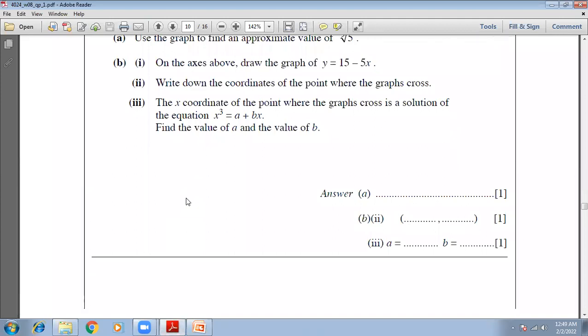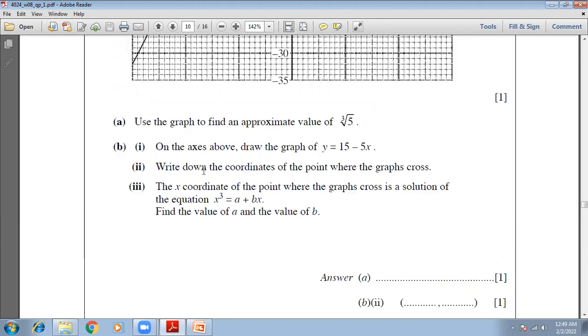So write down the coordinates of the point where the graph crosses. We are done with that. Then he says the x coordinate of the point where the graph crosses is a solution of this equation. Find the value of a and the value of b. It's very simple. Here you have two equations.